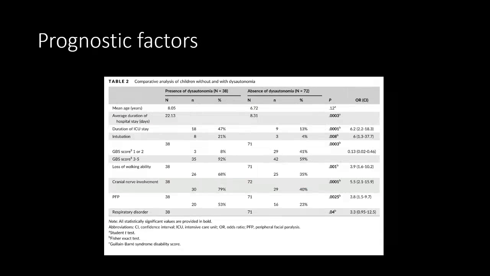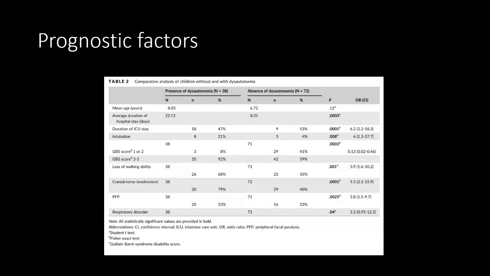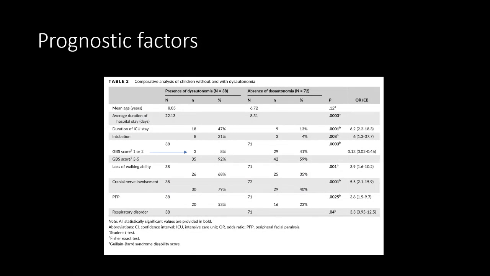Similarly, they looked at the patients who had developed dysautonomia or not, and they found kind of similar findings. So patients with dysautonomia had longer hospital stay, longer ICU stay. They were more likely to be intubated. They were more likely to have a higher GBS score, have loss of walking ability, have cranial nerve involvement. What I found interesting about this analysis, though, was that there were patients who had a GBS score of 1 or 2.